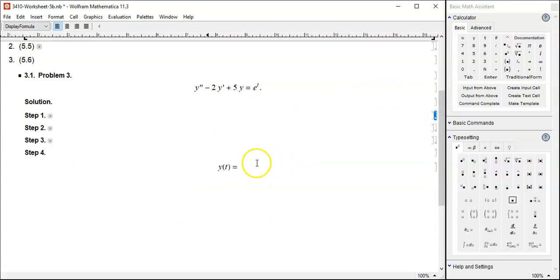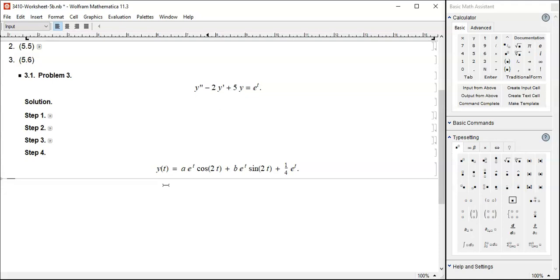I used A and B, so let's stick to A and B. A e to the t power cosine of 2t plus B e to the t power sine of 2t plus 1/4 of e to the t power should be the general solution.